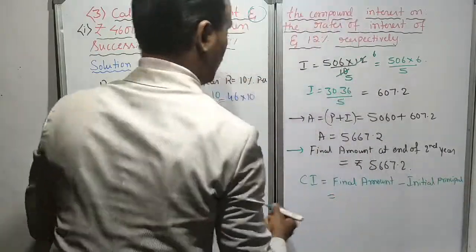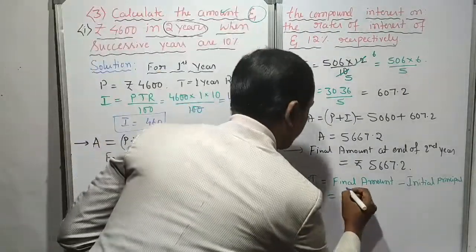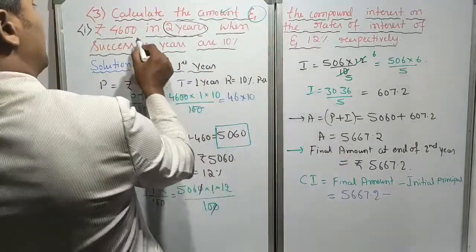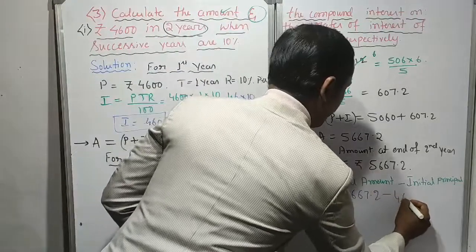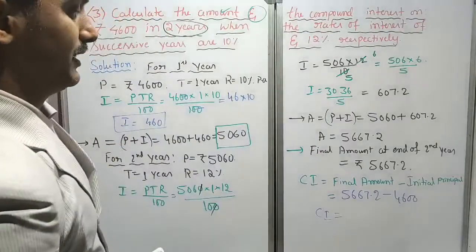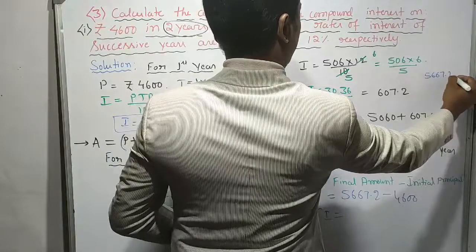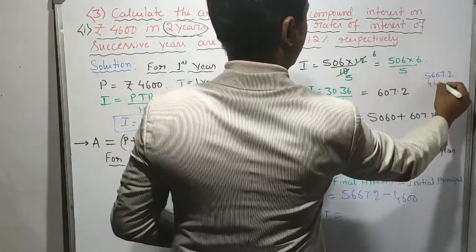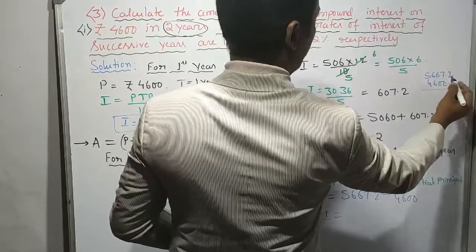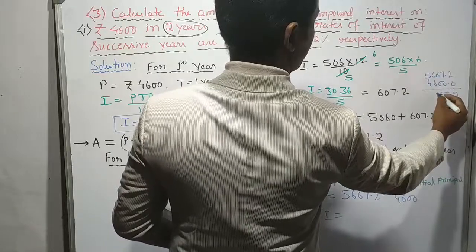How much is the final amount here, dear children? The final amount is 5,667.2 minus the initial amount, which is 4,600. The compound interest is equal to, we should subtract, dear children. I will show the subtraction here. 5667.2 minus 4600.0. 2 minus 0 is 2. 7 minus 0 is 7. 6 minus 0 is 6. 6 minus 6 is 0.